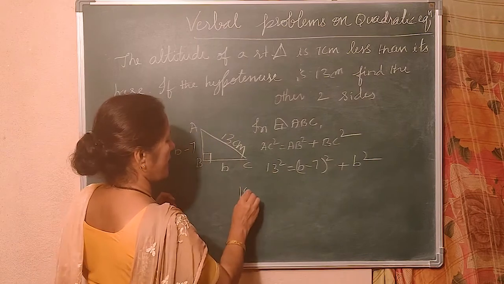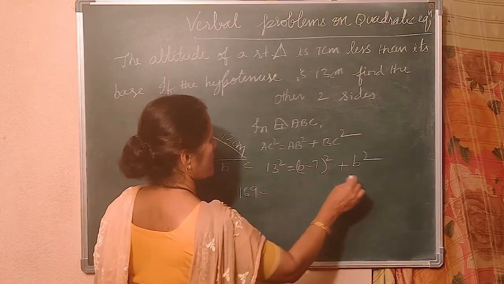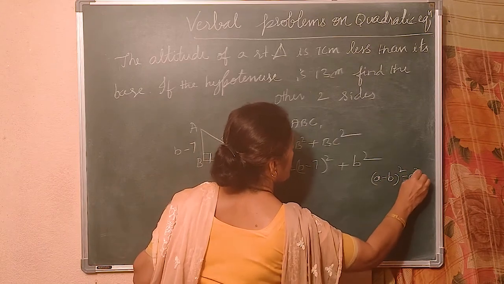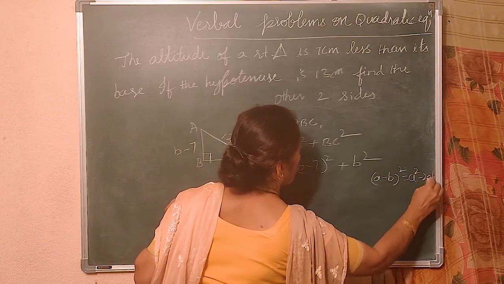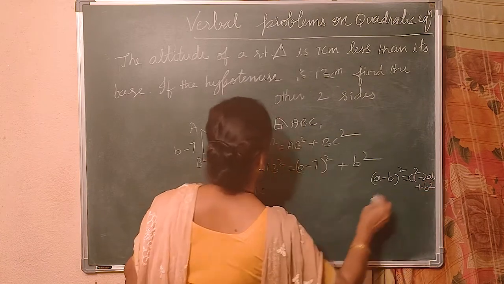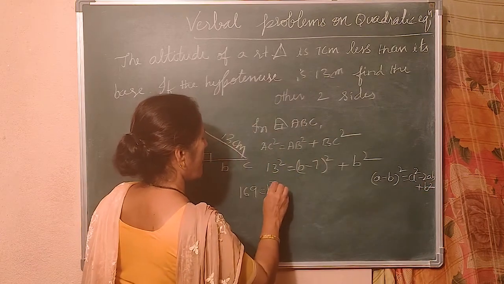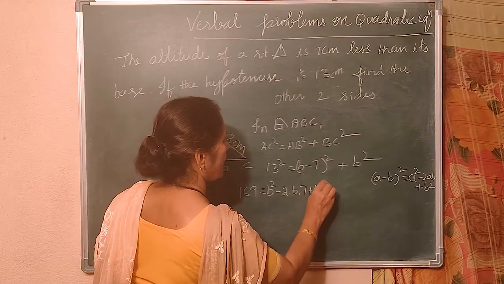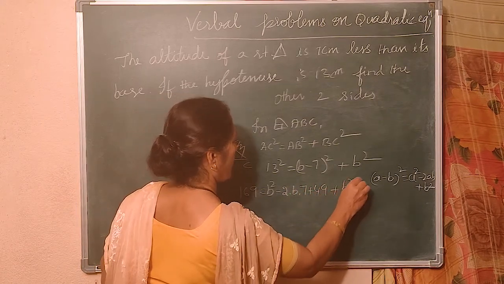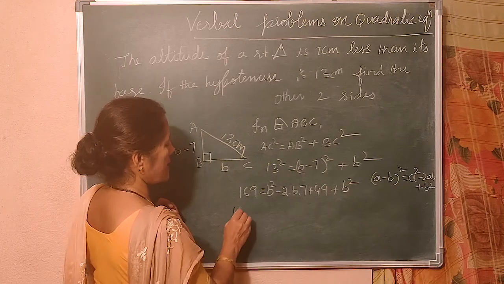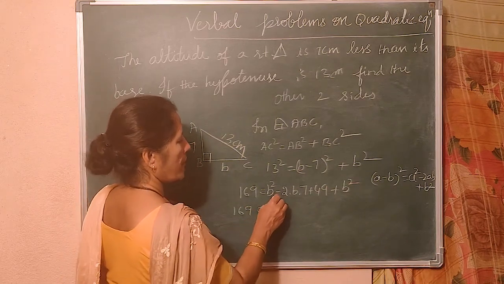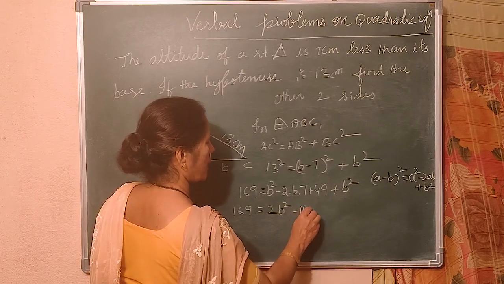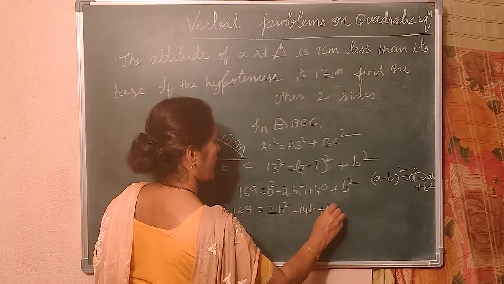So 169 is equal to, use the formula (a minus b) the whole square is equal to a square minus 2ab plus b square. So b square minus 2 into b into 7 plus 49 plus b square. So 169 is equal to b square plus b square, 2b square minus 14b plus 49.